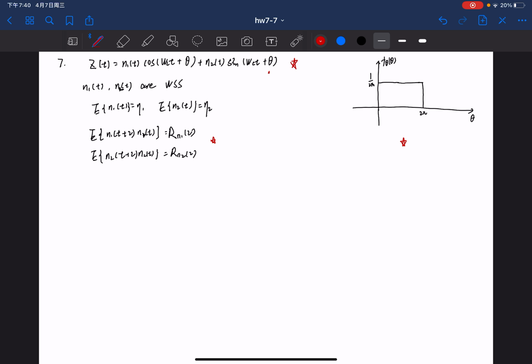And so in question A, we want to calculate the expectation of Z(t).